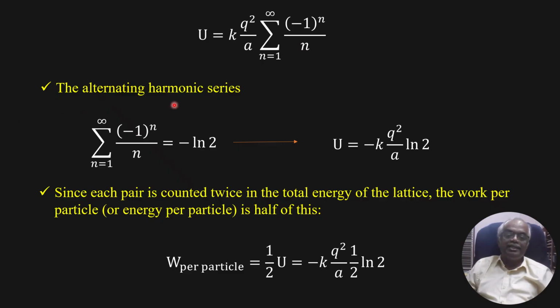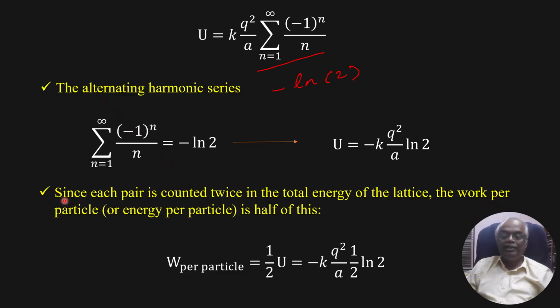The alternating harmonic series, summation of minus 1 to the power n over n, is equal to minus the natural logarithm of 2. So U is equal to minus kq squared over a, replacing the sum with minus natural logarithm of 2.